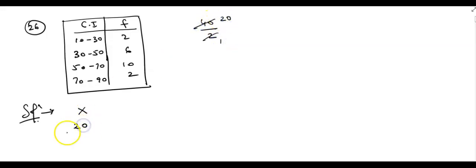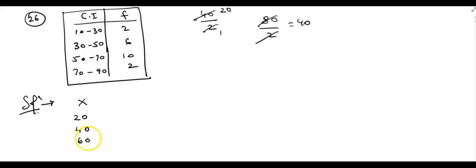So the mid is 20. 30 plus 50 is 80, 80 by 2 is 40. Next term is 40. See, after 20 we get 40, after 40 we get 60, after 60, 80. It's simple. Then frequency 2, 6, 10, 2.